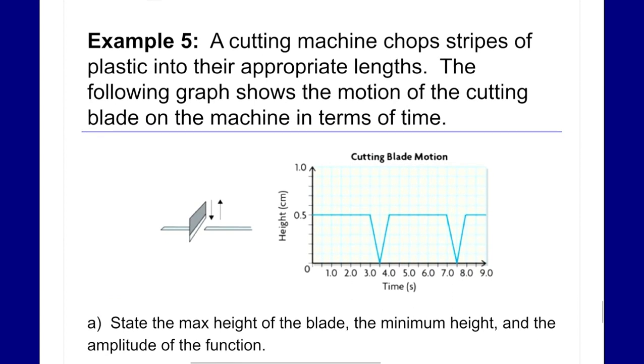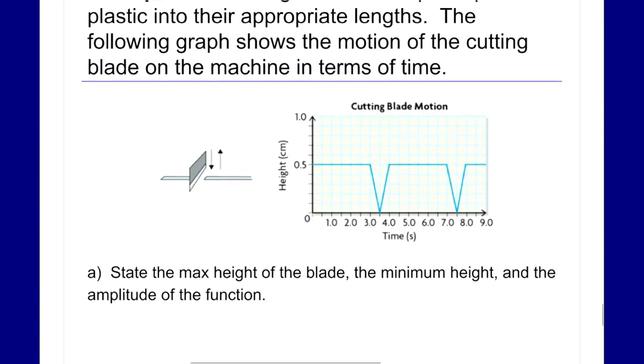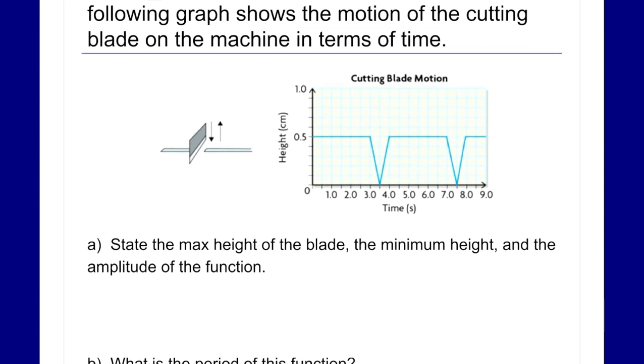Last example: a cutting machine chops strips of plastic into their appropriate lengths. The following graph shows the motion of the cutting blade on the machine in terms of time. So we have our function mapped out. First thing we want to do is state the maximum height of the blade, the minimum height, and the amplitude. Looking at this, we can see that our maximum is at 0.5 centimeters.